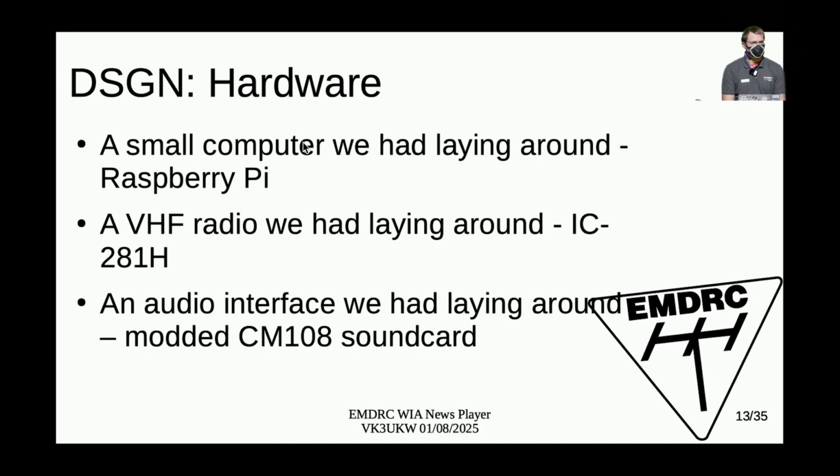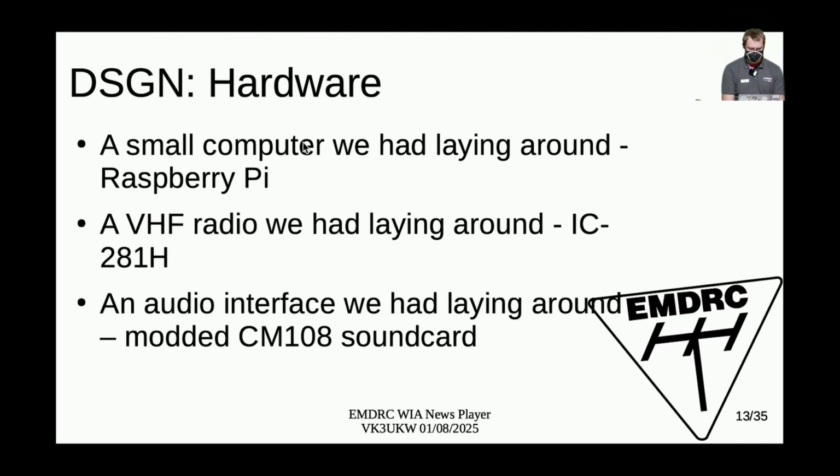And then with the hardware, we just took the stuff we had laying around. So a small computer, Raspberry Pi, is probably the first thing anyone would go for. A VHF radio that we had in the storeroom, IC281H, nice and battle tested, I would say. I think that is a radio probably from the 90s or the early 2000s.